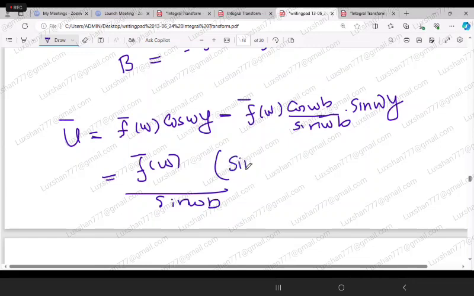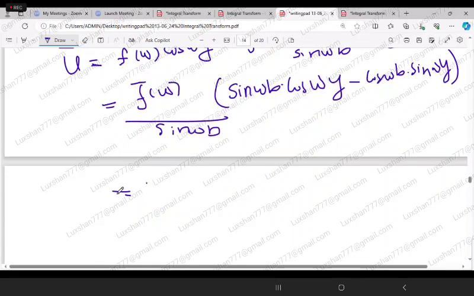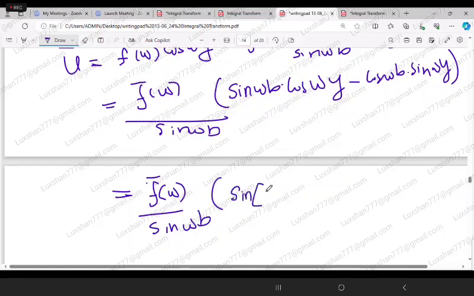This one you can write as sin omega b cos omega y minus cos omega b sin omega y, which is equal to F bar omega over sin omega b into sin, you can write it as (b minus y).